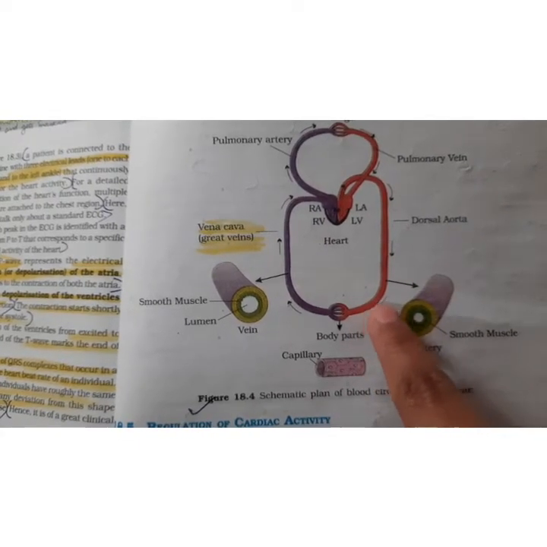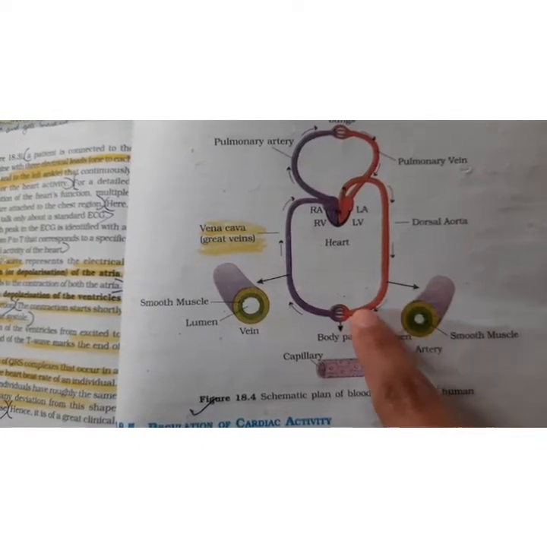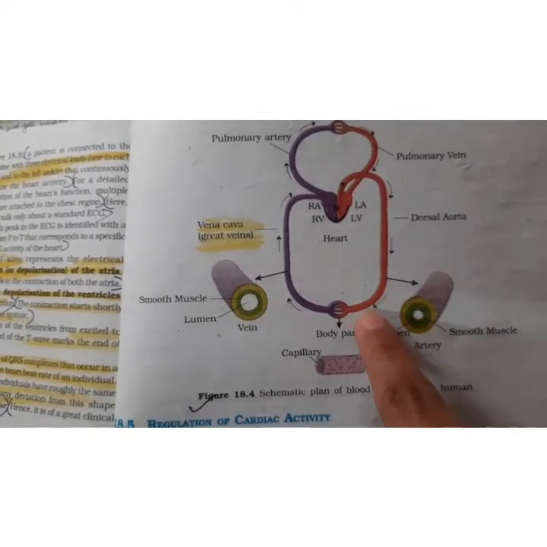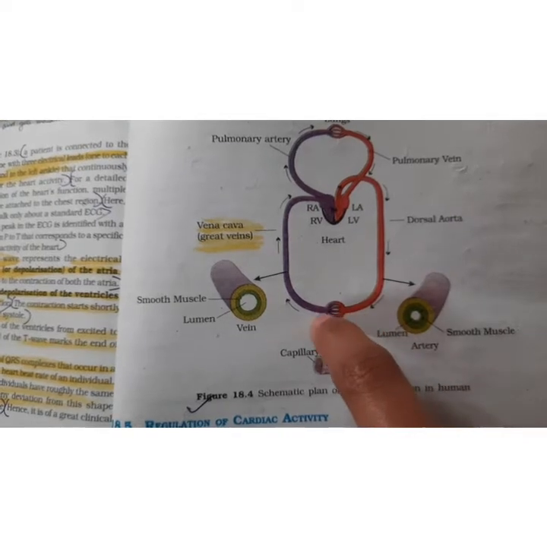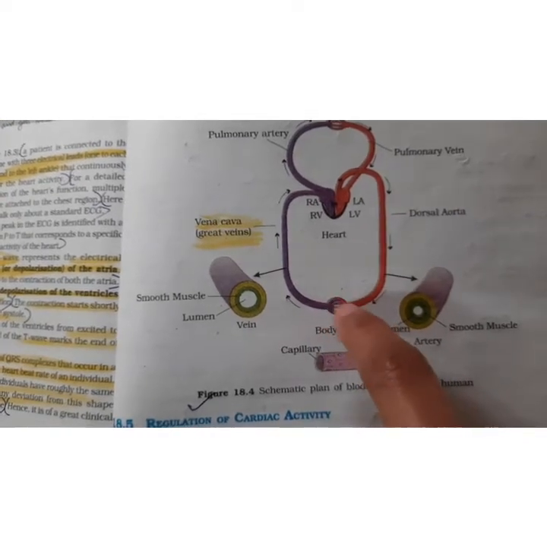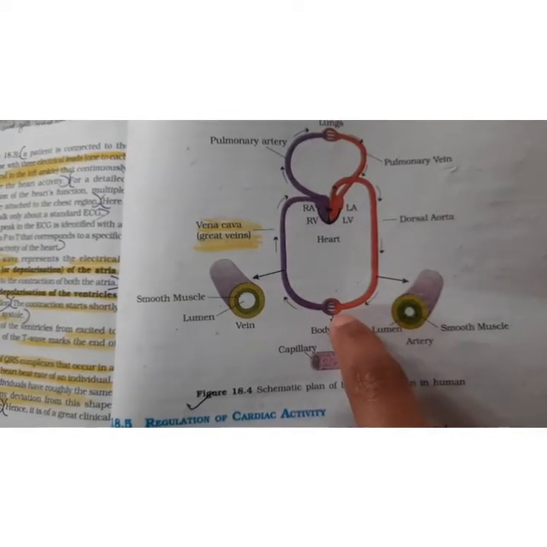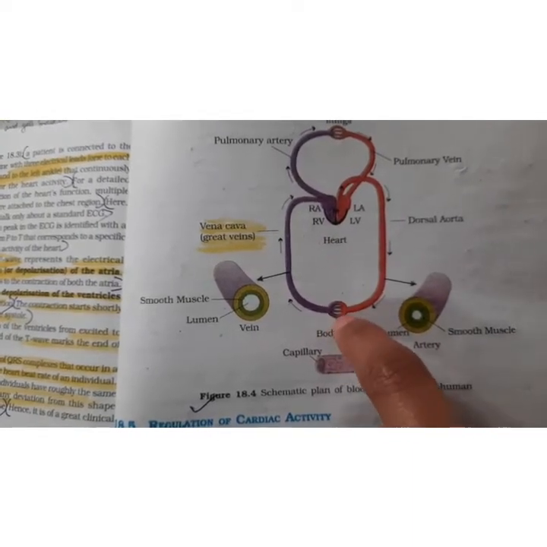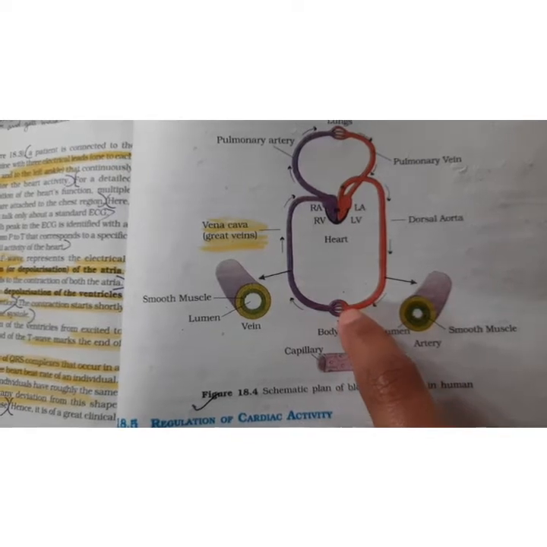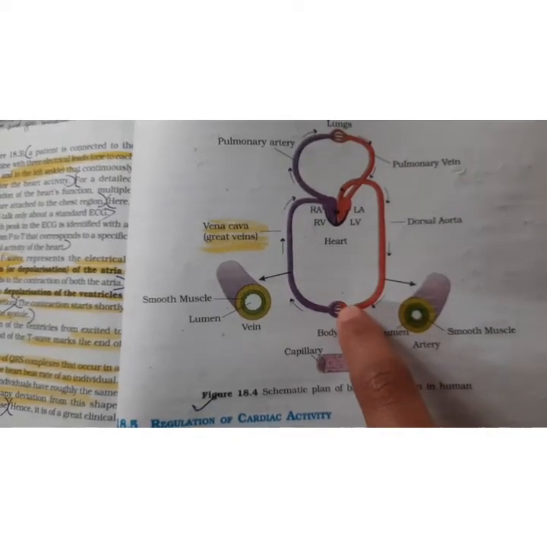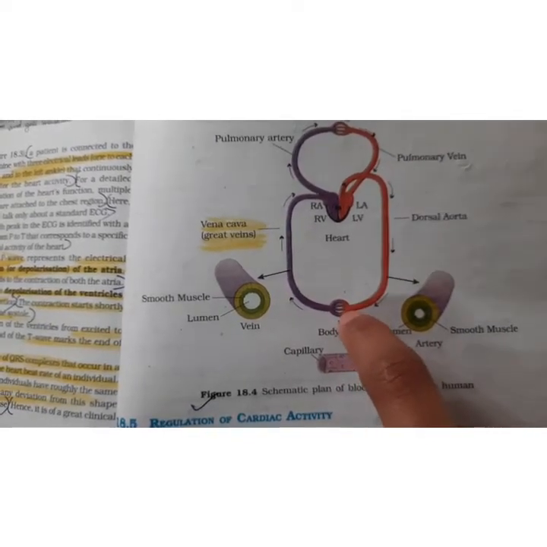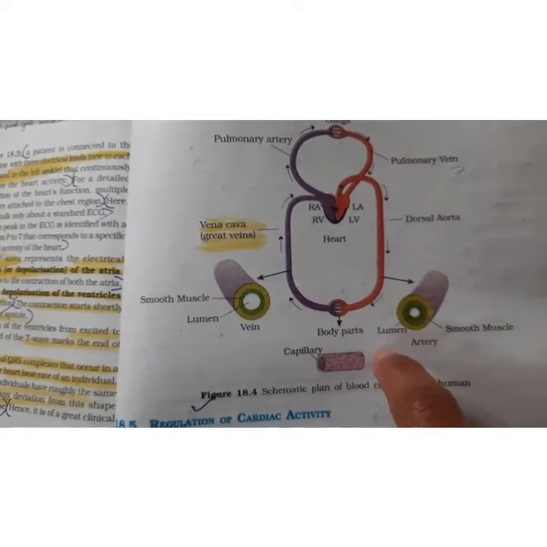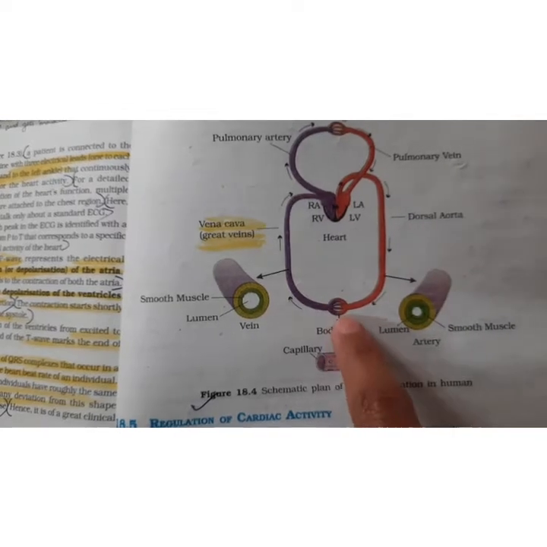Now when this aorta reaches a body part, for example a cell, it again divides into small capillaries, very small vessels which have a unit thickness, so as to ease diffusion. So now when this oxygenated blood reaches near the cells, the oxygen from these capillaries diffuses into the cells, and the carbon dioxide from the cells diffuses back into these capillaries.